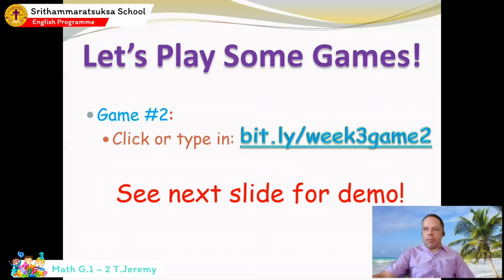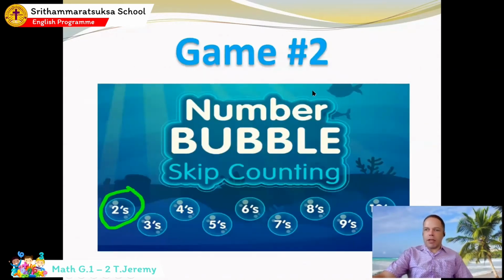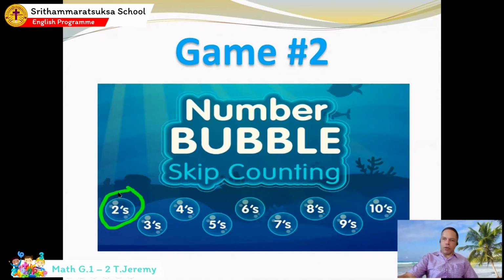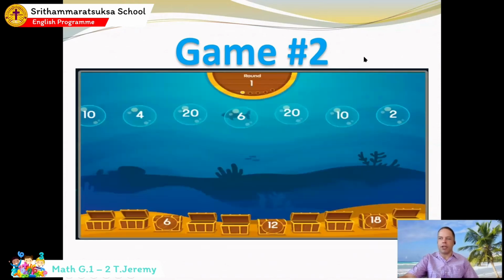The next game, game number 2, you're going to click or type in or go down to the comments. It is called Number Bubbles. You can choose 2s, 3s, 4s, 5s, 6s, 7s, 8s, 9s, or 10s. I'm going to do 2s, and I'll show you that in a minute.